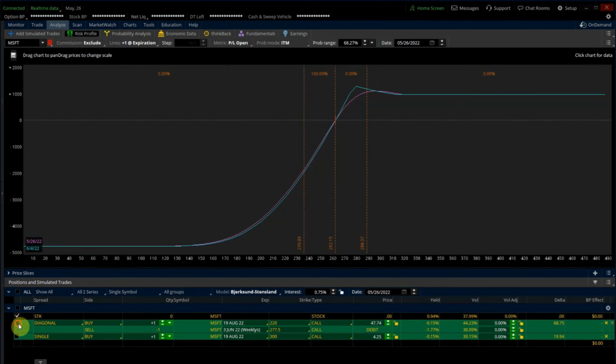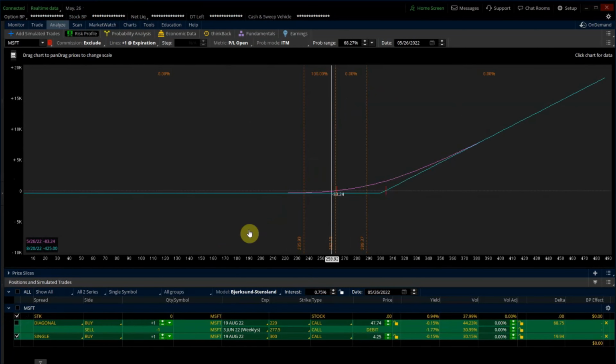So for the single long out of the money call option, my max loss for the trade is $425, okay, and the upside is uncapped, okay. So this is the difference between the diagonal spread and the single out of the money call option.